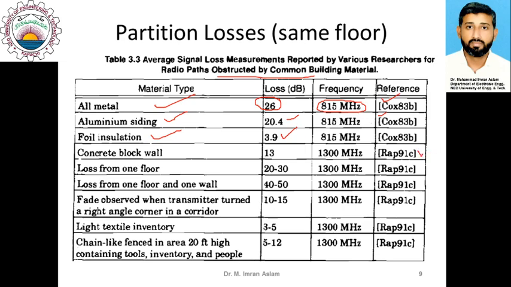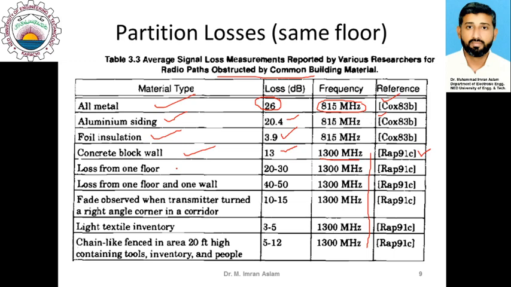Rappaport in his paper in 1991 studied the behavior at 1300 megahertz. So these are the results which are presented for 1300 megahertz for different types of partitions. If we have a concrete block wall, which is common in our society, when the signal propagates through it you get a loss of around 13 dB.